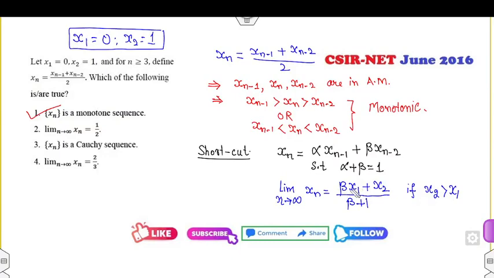Otherwise, you can interchange, and this is x1 plus beta times x2 if x1 is greater than x2. Now you can see x2 is greater than x1.